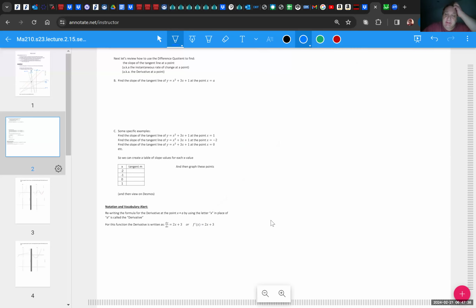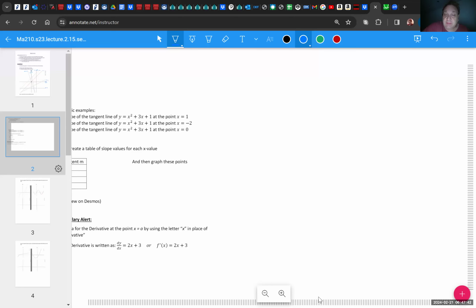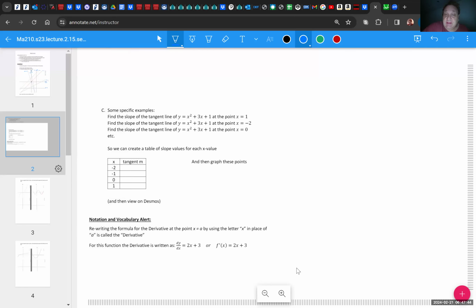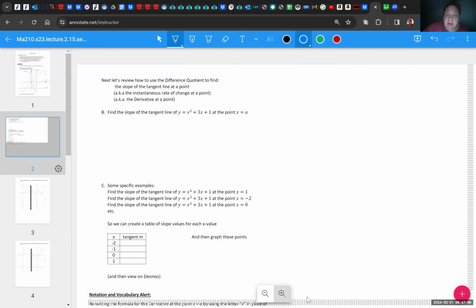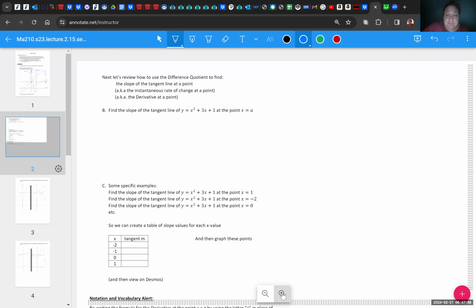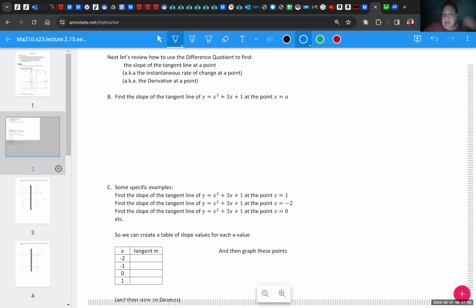All right, so our second little task here is to review the difference quotient. The difference quotient is what finds the instantaneous rate of change at a particular point, which is also known as the derivative at a point. We've done a few of these before, so I'm going to do one as a review. So this is the equation. It's some parabola.